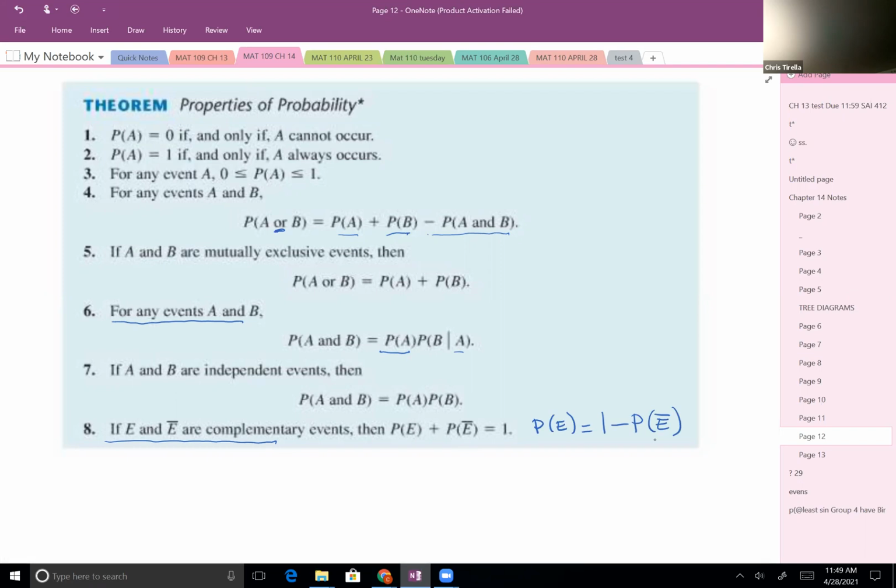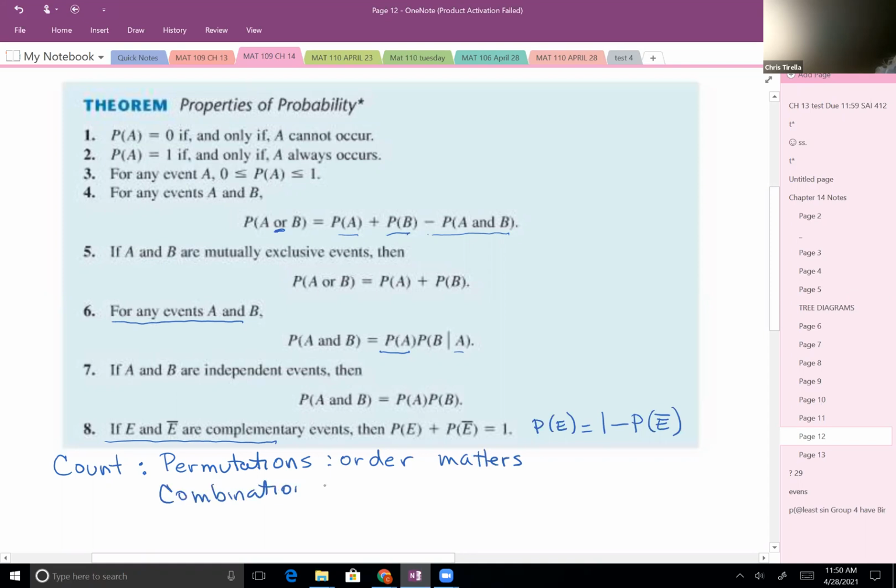Beyond that, the other thing that you need to remember is in order to count the number of ways an event can occur, we can use permutations when order matters. And we're going to use combinations if order does not matter. But again, those only work if the objects are different and they cannot repeat.